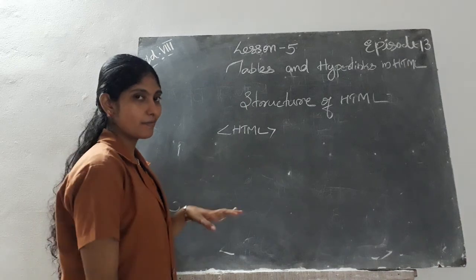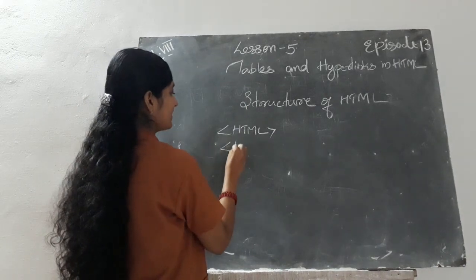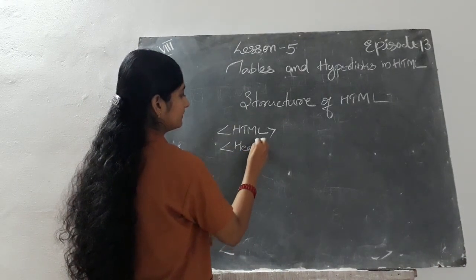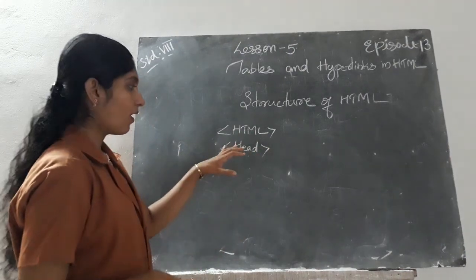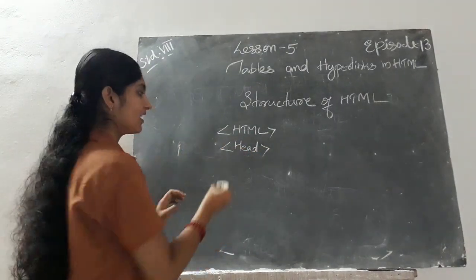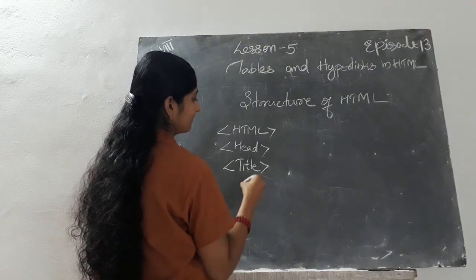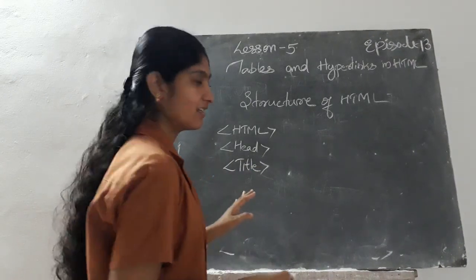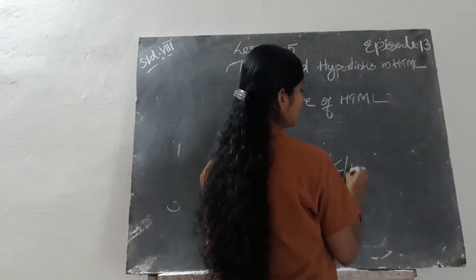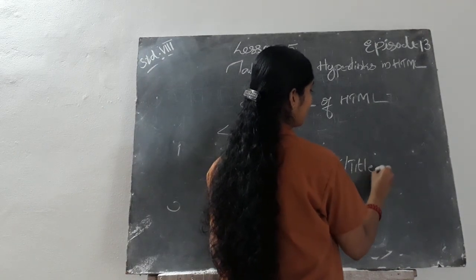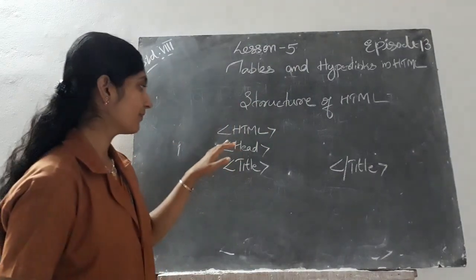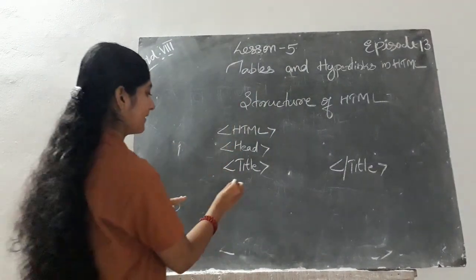Here the document starts. Then next the head tag. Inside the head tag we can include the title tag. After that we can close the title tag here. Then next the head tag ends here.